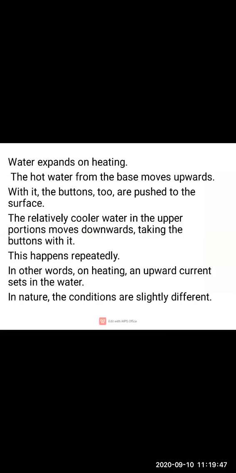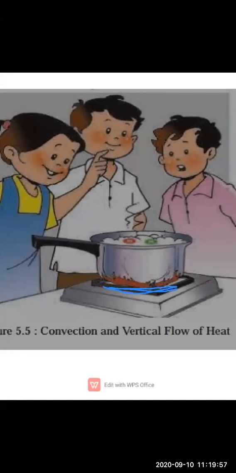So what happens, the hot water from the base, see children, here this is the burner, here this is the gas. So from here it is receiving heat. The water at the bottom slowly receives heat, and the hot water from the base moves upwards.